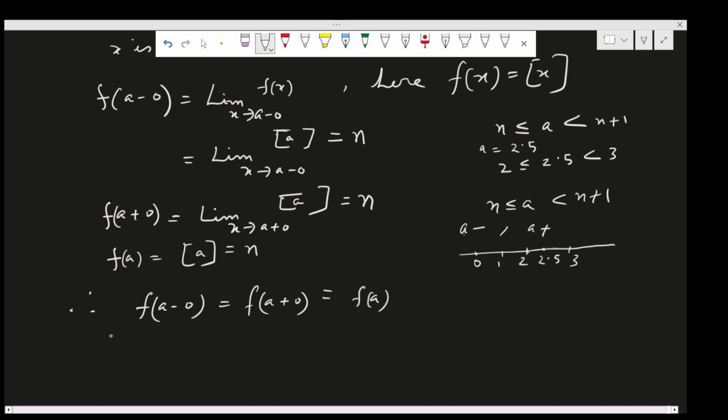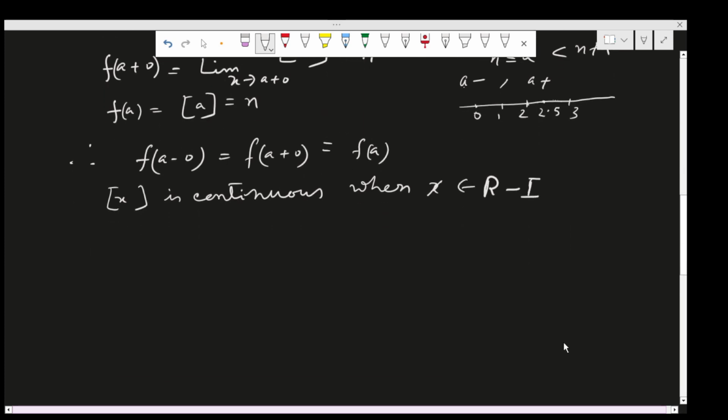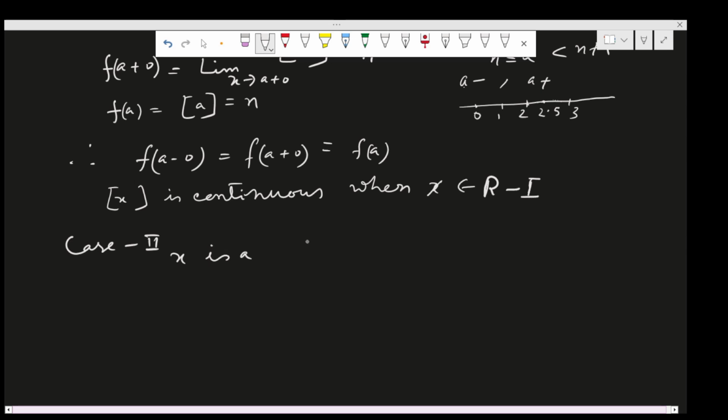So box x is continuous when x belongs to set of real numbers minus I. I means set of integers. Now case 2. x is an integer.